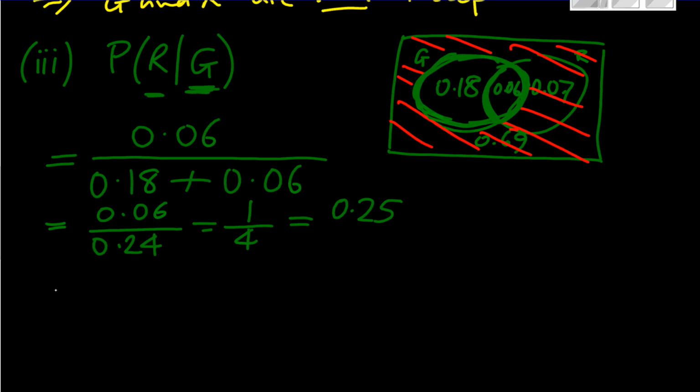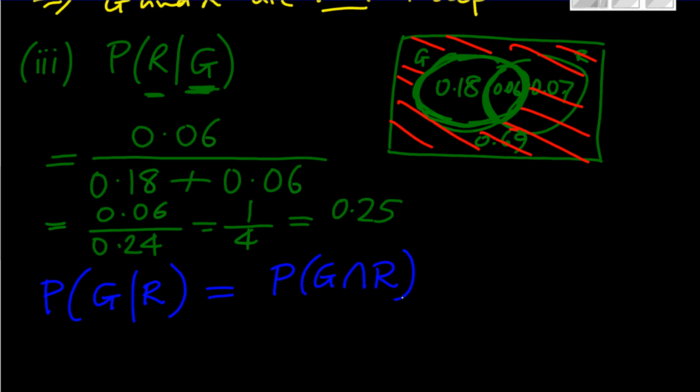We can also do it using a formula in the formula book, which says that the probability, I'm just going to rewrite it in terms of G and R, but in the formula book it uses A and B. So the probability of G taking place given that R has is the probability of G and R taking place, which is logical, isn't it? Because they've said what's the probability of running and going to the gym, and divided by the probability of, I'm sorry, I've written this the wrong way.